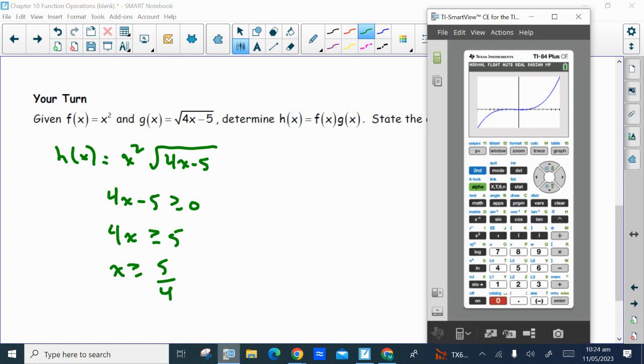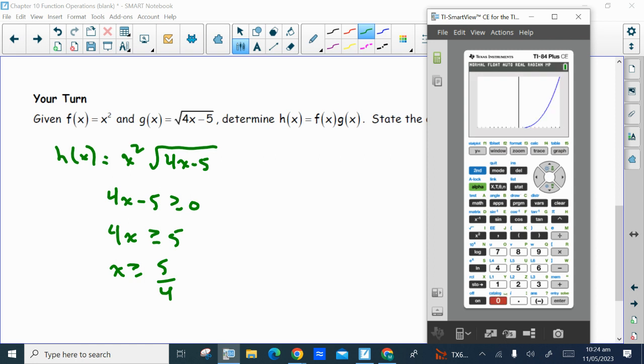Once again, we can use our graphing calculator to confirm this and also help us with the range part of it. So if we go x squared as our first factor times the root of 4x minus 5. Again, I'll go zoom 0 for zoom fit.